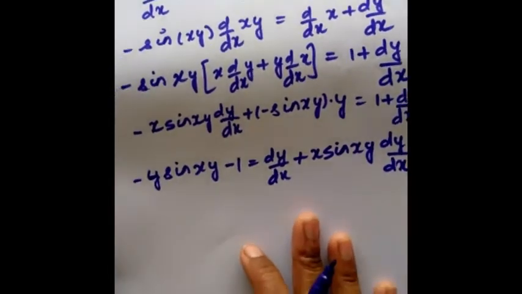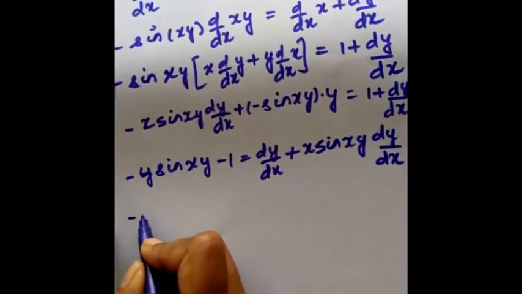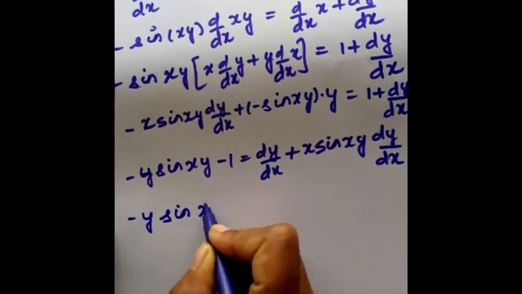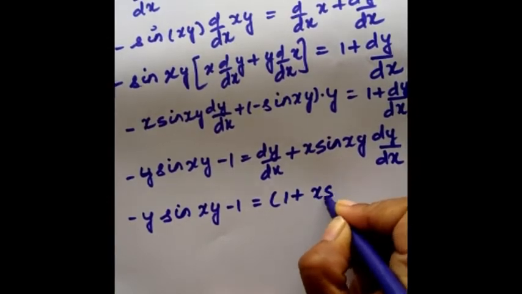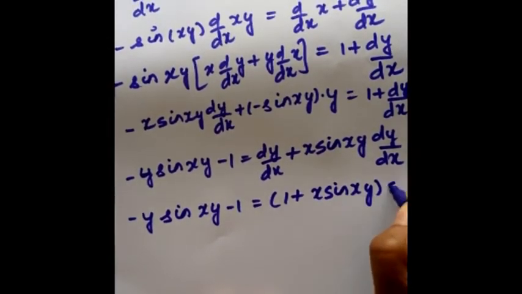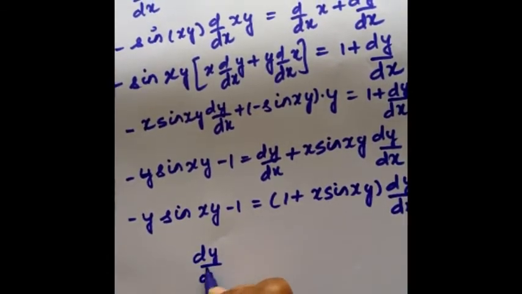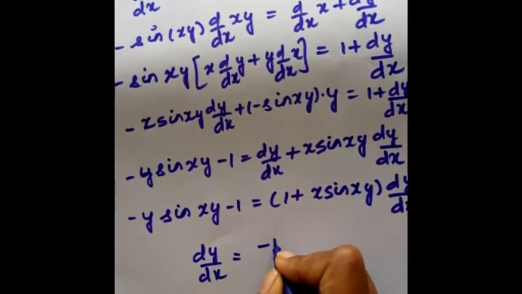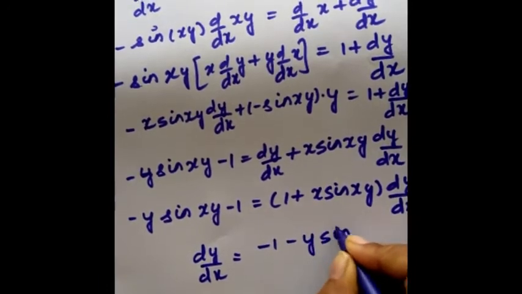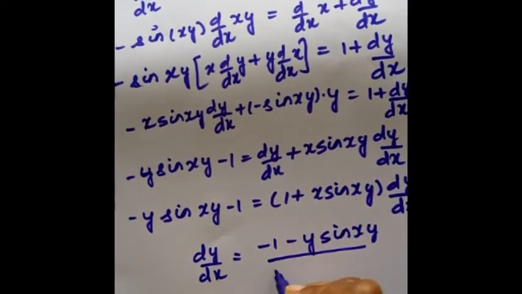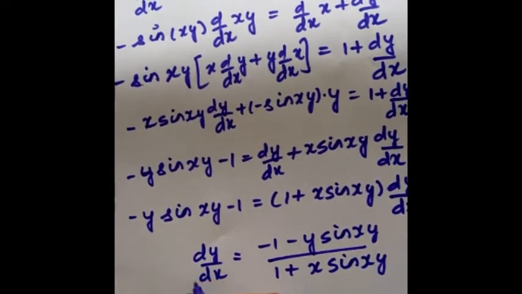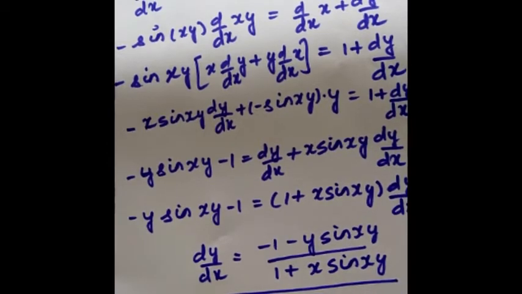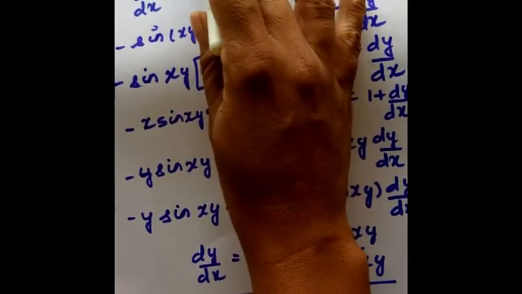So minus y sin xy minus 1 is equal to 1 plus x sin xy times dy by dx. So I can write this as dy by dx equal to minus 1 minus y sin xy upon 1 plus x sin xy. So this will be the answer of this question.